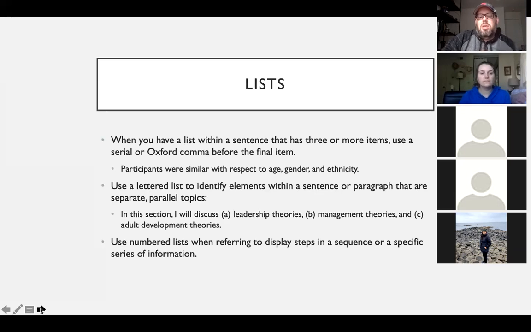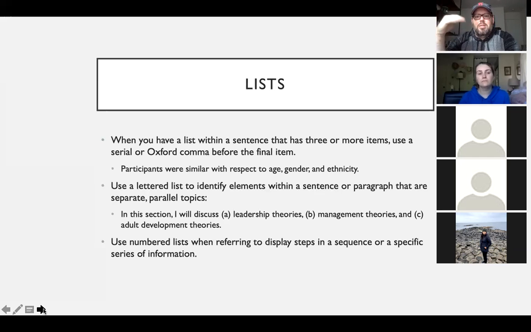We would use a numbered list, however, when referring to display steps in a sequence. So if things were having to follow sequential order, then you would use numerical values of 1, 2, 3, and so on. Or if there's a specific series of information. And again, those numerical values would either be listed sort of like a bulleted list, right?